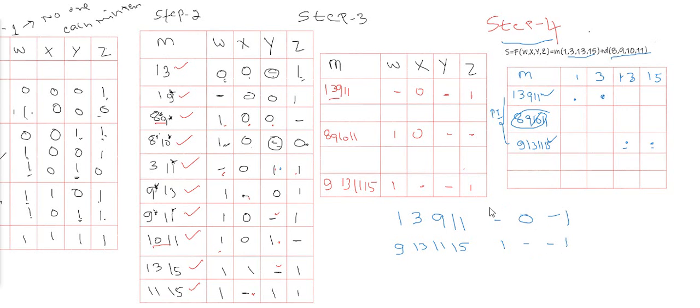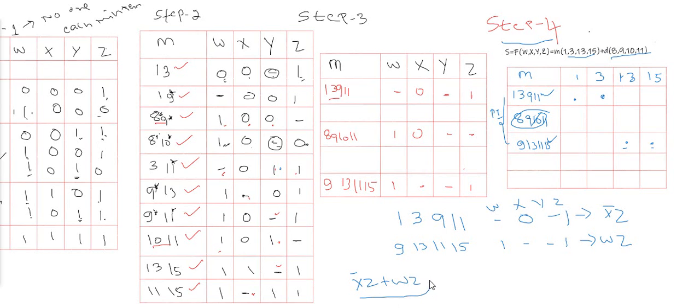We know that the first variable is w, then x, then y, then z. If you simplify this one, x is 0, so x bar, and z is high, so z. In a similar way, in this w and z are present, so wz. The final equation of this given term is x bar z plus wz.